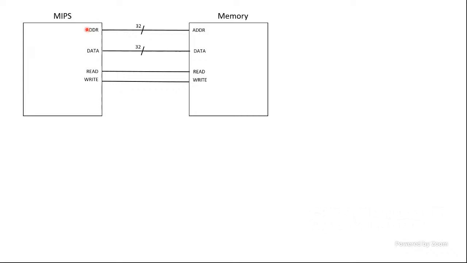Here we call them ADDR with one single line and a slanted straight line marked with the number 32. This means ADDR is a group of bits, a group of 32 bits. Sometimes we call it a bus.